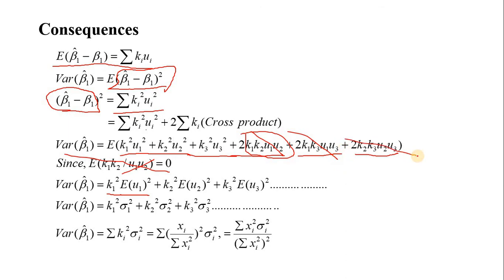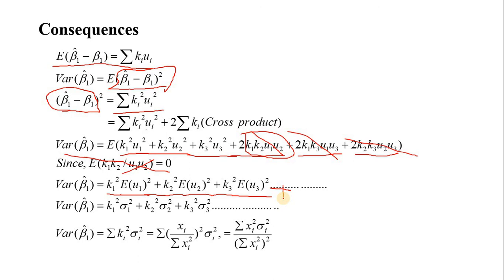The remaining terms will be k1 square u1 square plus k2 square u2 square plus k3 square u3 square. Then you take the expectations: k1 square expected u1 square plus k2 square expected u2 square plus k3 square expected u3 square. Here we are taking only three variables; if you have many variables, it goes on like that.